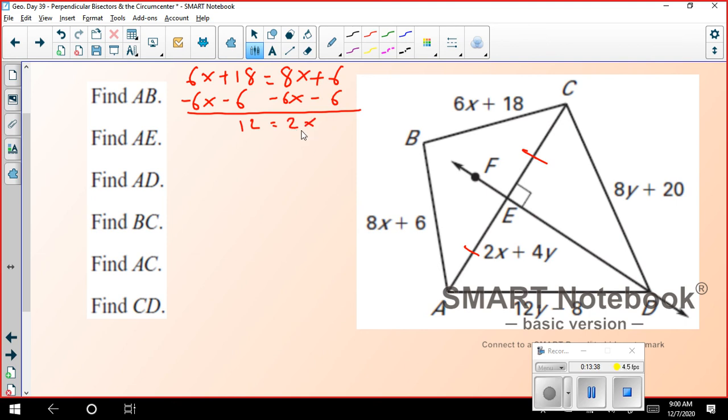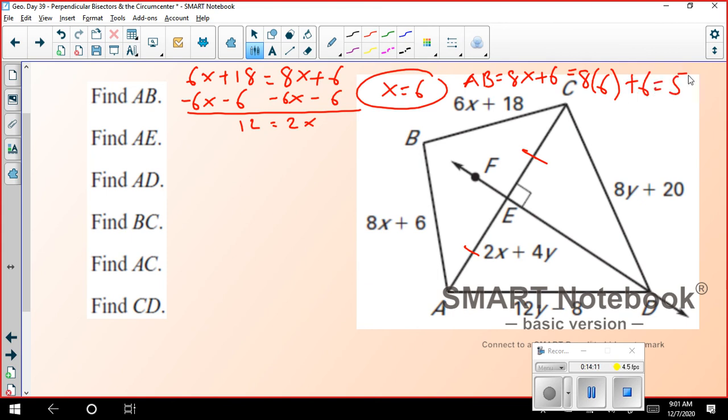Dividing by 2 on both sides, you get x equals 6. Once you get x equals 6, you are finding AB, which is 8x plus 6. So substitute 8 times 6 plus 6, which gives 54 units, which the majority of you had correct.